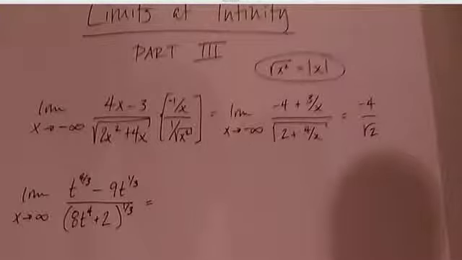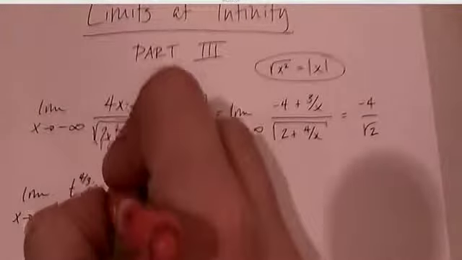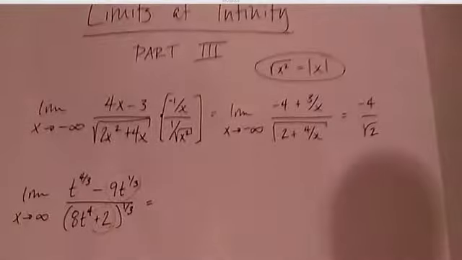Whatever happens here, I know that this is basically 2t to the 4/3. Because as x goes to infinity, what happens is this value right here and this value right here stop mattering.